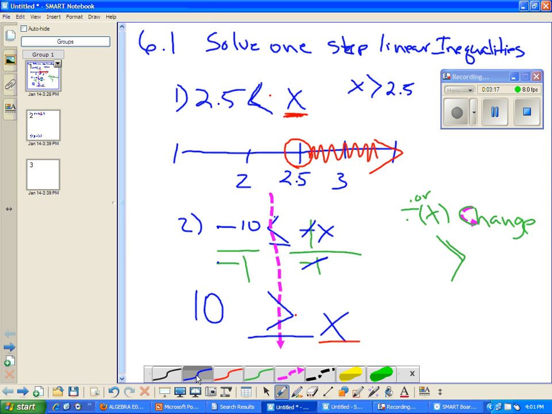Let me draw that out over here, where I have my 10 in my number line. If x is less than or equal to 10, I'm going to make a solid dot on there and go less than 10, in the left-hand direction, the negative direction. And that is the solution to that problem.